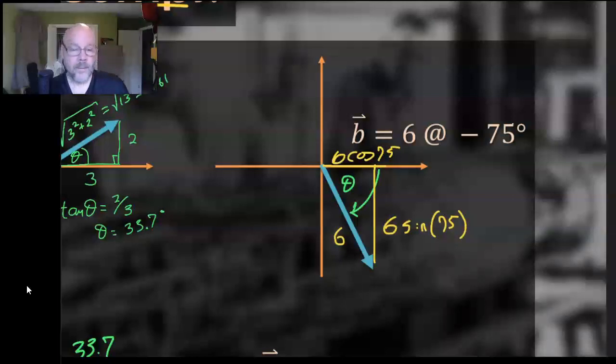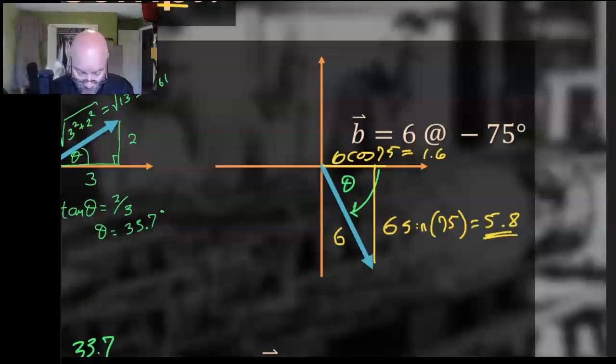I'm going to pause this and grab that number real quick. Okay, so 6 sine 75 is 5.8. 6 cosine 75 is 1.6.